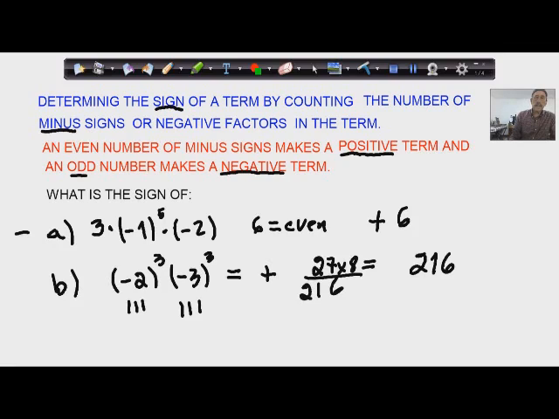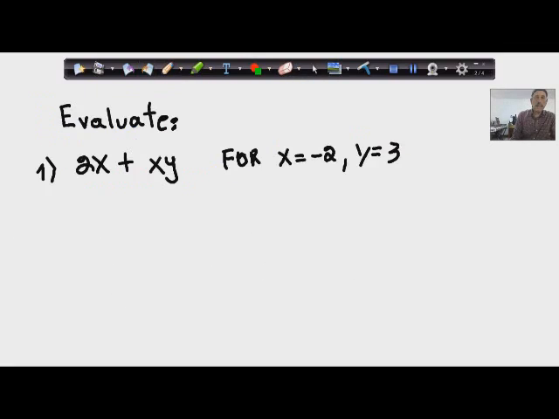Let's evaluate some examples. We begin with this simple example. Let's evaluate the polynomial 2x plus xy for the values x equal minus 2, y equal 3. So, as I said at the beginning of this video, I suggest using parentheses for negative factors. Separate the terms widely.